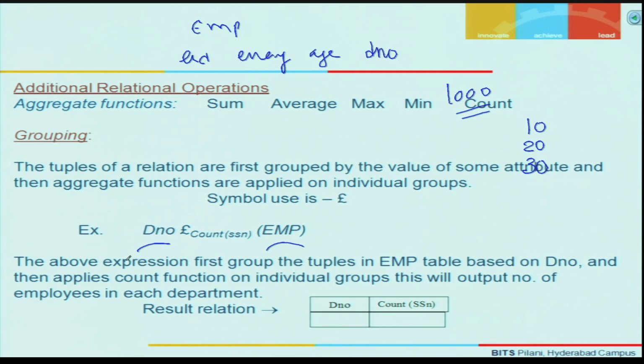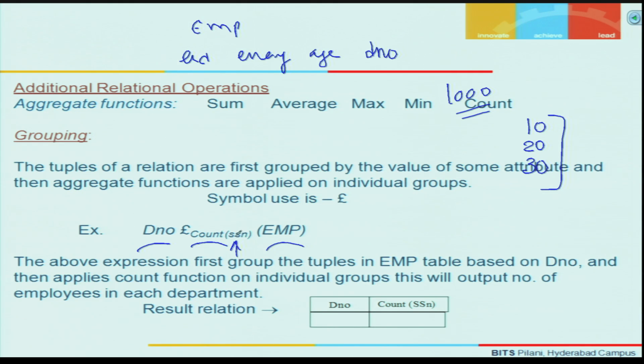Now we can imagine how many groups can be formed: because there are 3 distinct departments, all 1000 employees will be put into these 3 departments. That is, there will be 3 groups formed. Now how can I count how many employees are there in each group? By applying the count operation on the column SSN.